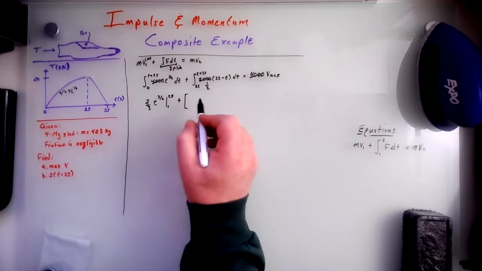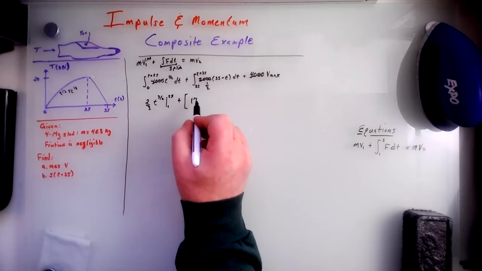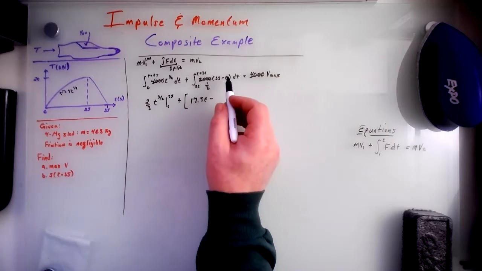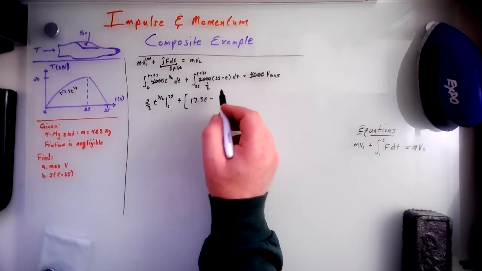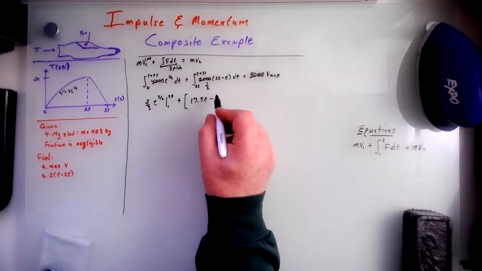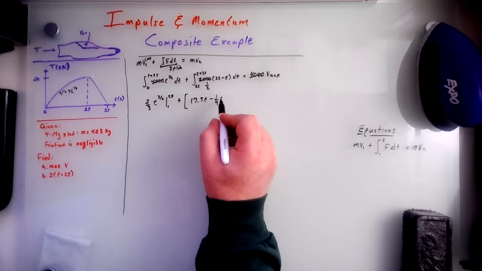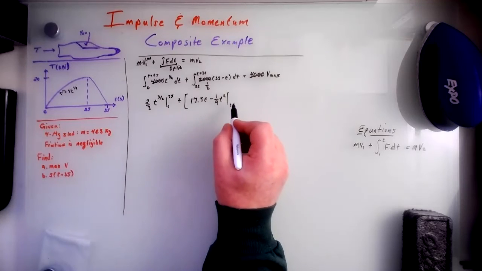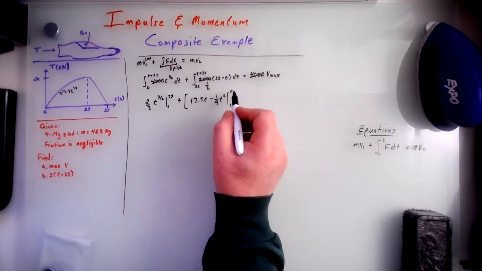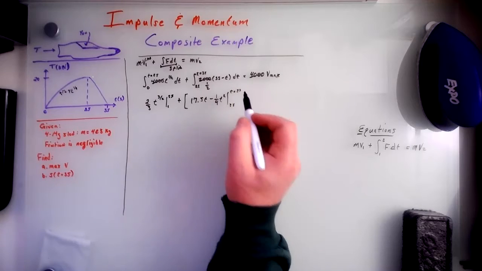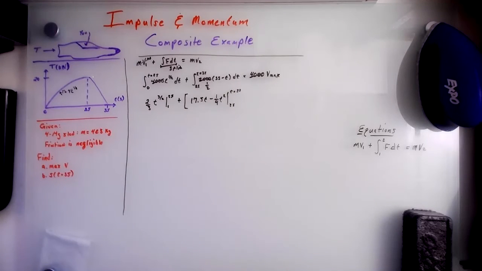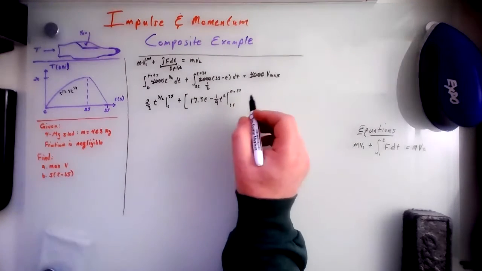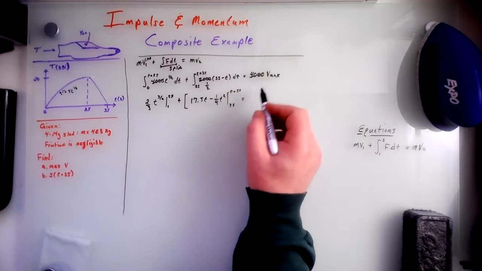We put a bracket around here so we don't get things confused. So 17.5 t minus 1/2 times 1/2 is 1/4 t squared. We evaluate this at 25 and then at t equals 35. We could just do 35, but we need to make this distinction for the second half of the problem. And that's going to equal Vmax.